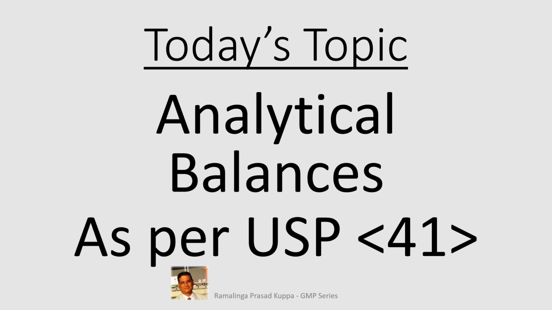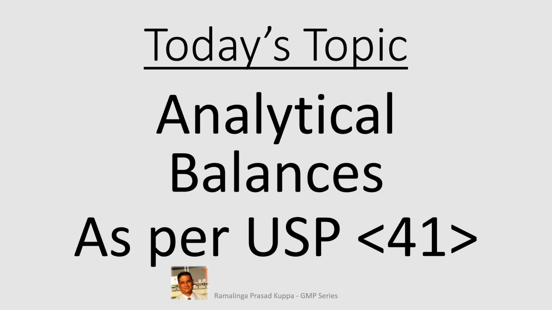Today's topic is Analytical Balances as per USP Chapter 41. Analytical balance is an essential piece of equipment for weighing accurately for the analysis. The analytical balances are mostly used for milligram level to gram level amounts.